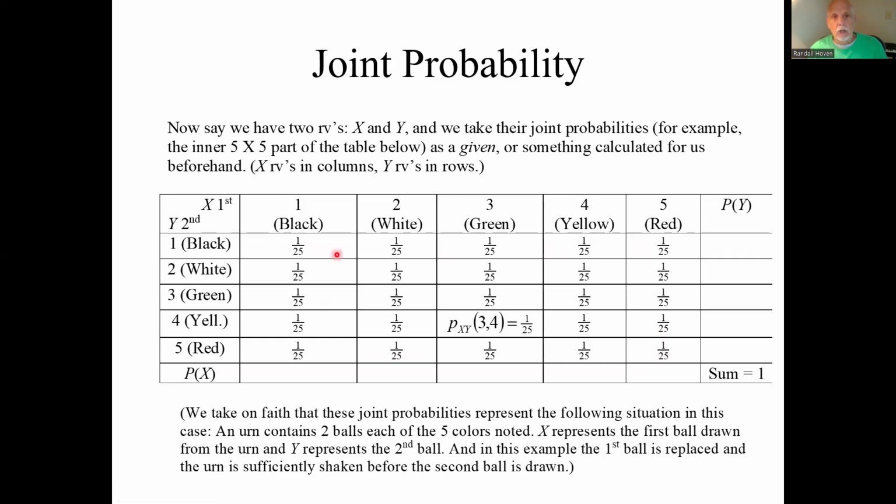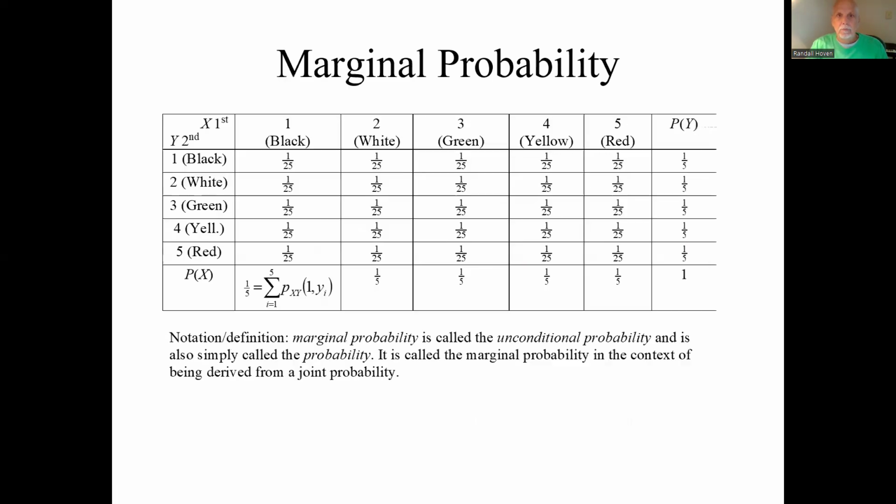If you'll notice, if you add all these up, you get 1, which is good. So each one is greater than or equal to 0. That satisfies an axiom. Add them all up, you get 1. That satisfies an axiom. If I added up over all the x's, all the possible x's, I get a number, and it's the probability of y.